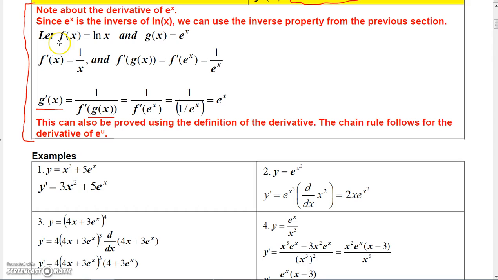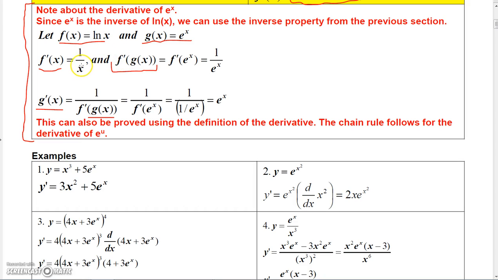So in other words, if I said f of x is natural log of x and g of x is e to the x, well, we know they're inverses of one another. So we know that the derivative of f is 1 over x.